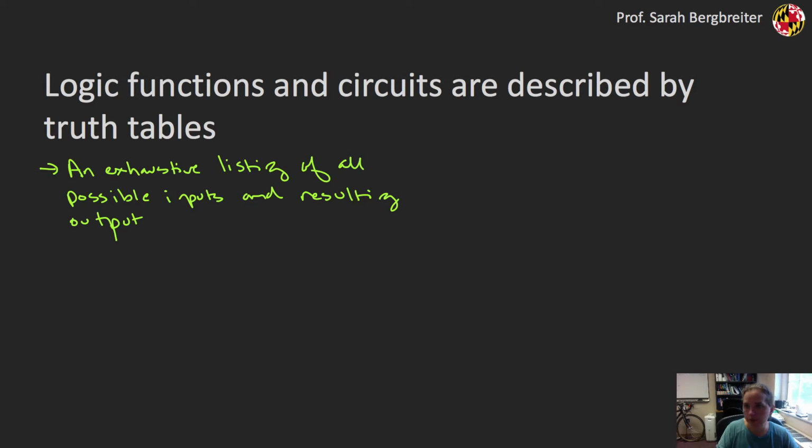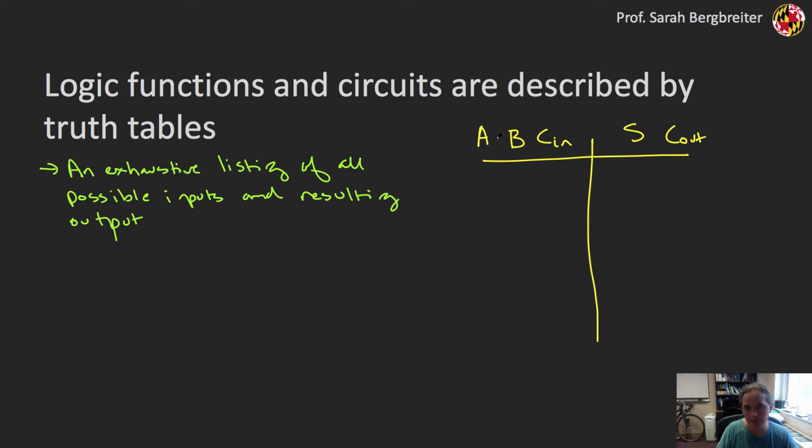Now if we go to the previous example and we want to describe the truth table for that example, remember we had three inputs, in this case A, B, and our carry in. And as outputs, we had the sum S and a carry out. And this was doing binary arithmetic, remember. So if I'm looking at an exhaustive listing of all of the possible inputs, I have three different inputs.